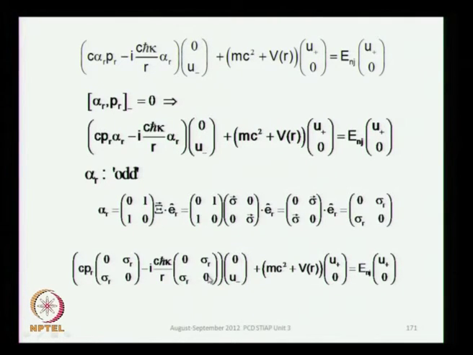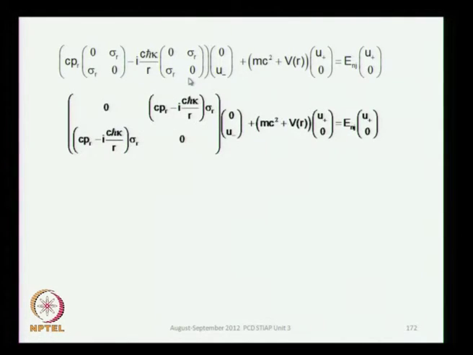Now you are in a position to carry out this matrix multiplication, because you have got a 4 by 4 matrix which looks like a 2 by 2 because each element is 2 by 2, and then you have got a 4 by 1 column wave function which looks like a 2 by 1 because each element has got 2 rows. That is the structure of these equations.